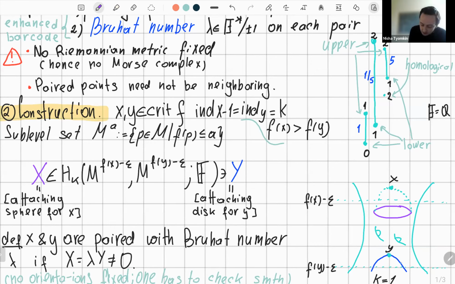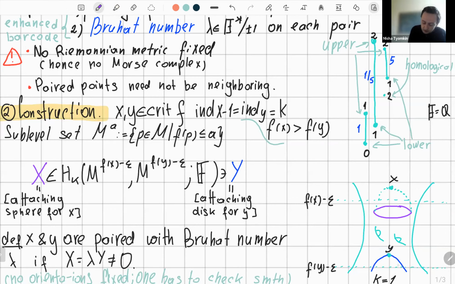So on the picture k equals 1, so the index of x is 2. It corresponds to a 2-cell which is attached along a circle. This circle is a cycle of dimension 1, and it's called big X, and big Y is the attaching disk for y.